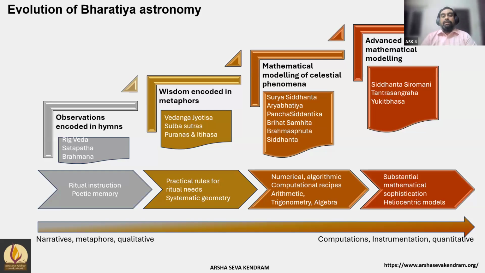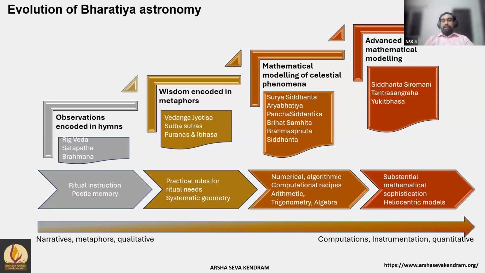And we also saw that there was an evolution over a period of time to formalizing the rules around the astronomical phenomena. In particular, we saw the different calendars that were formulated, the Panchanga system, and very basic rules like dividing the zodiac into the rashis and the nakshatras, providing more structure to the observations, which started happening around the Vedanga Jyotisha era.